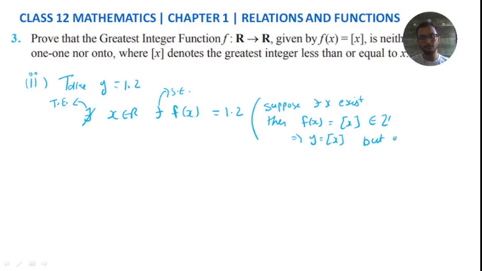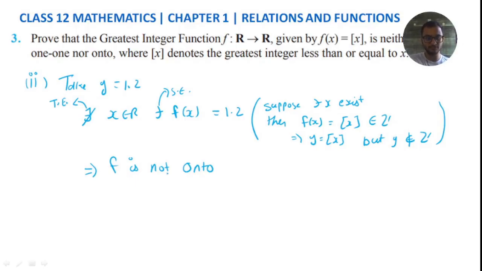But y does not belong to the integers, hence such an x can't exist, because if such an x existed, then y would be an integer, but we took y as a non-integer. So this implies f is not onto, because we found one point in the codomain that does not have any pre-image. If the function were onto, there should exist some pre-image, but here this point has none, so this function is not onto. So we are done with this question. We showed it is neither one-one nor onto.